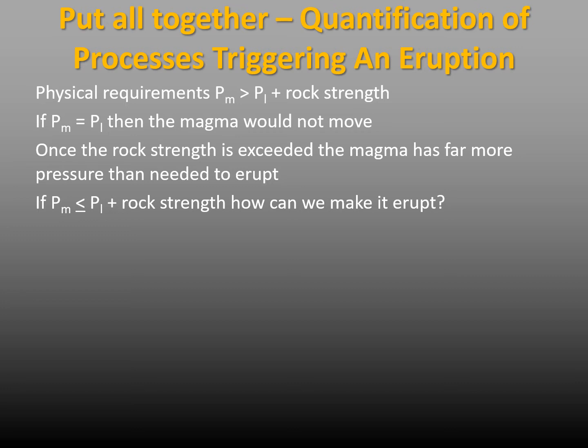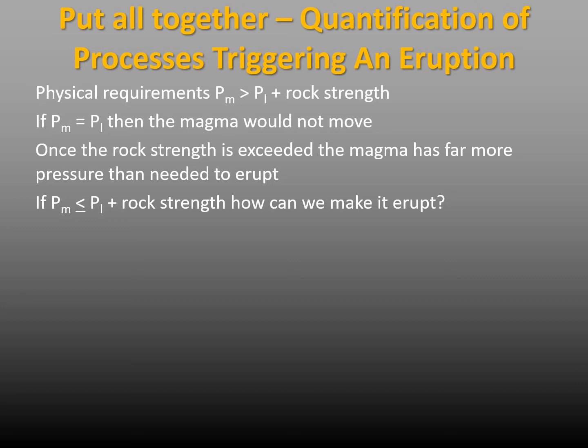Okay, so look at that equation. It's just pretty simple math. How do we get this stuff to erupt? What can we change? What's the most obvious thing to change, do you think?